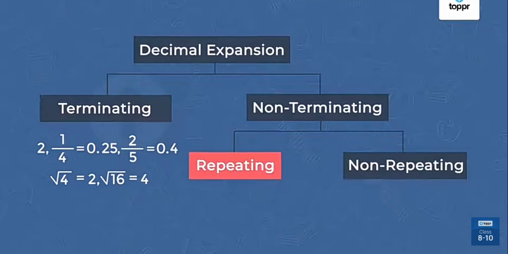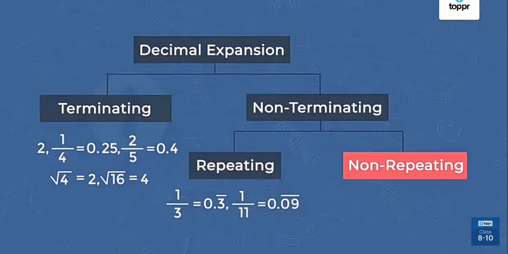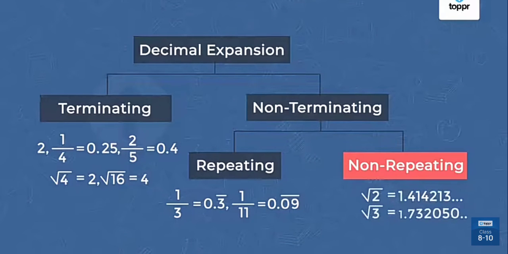Repeating numbers include fractions like 1/3, which is equal to 0.3 bar, 1/11, which is equal to 0.09 bar, and so on. And non-repeating numbers include all the square roots of numbers which are not perfect squares, such as the square root of 2 or the square root of 3.